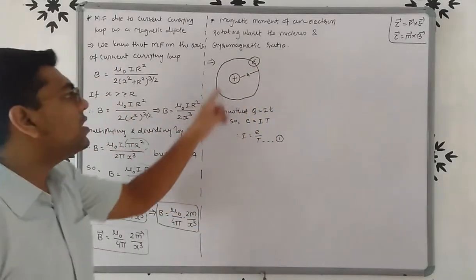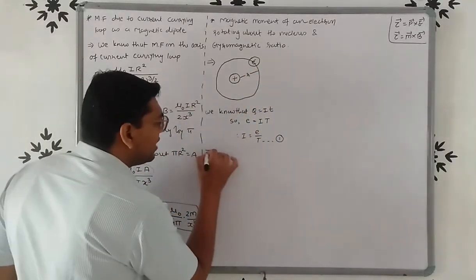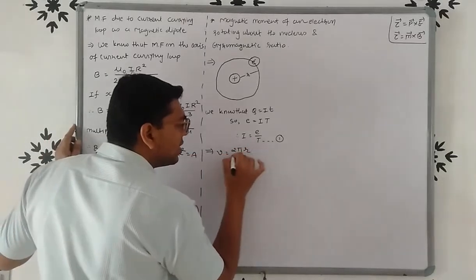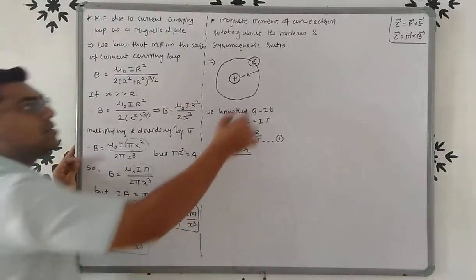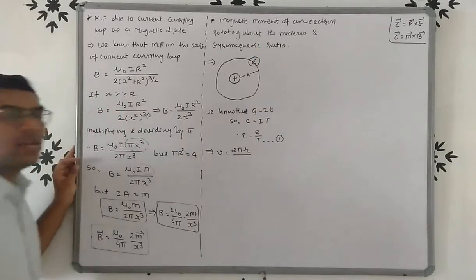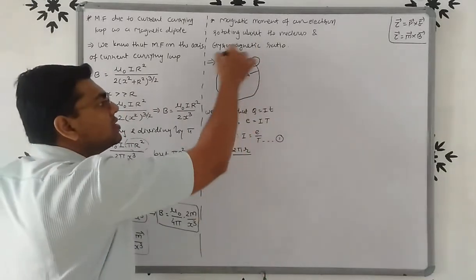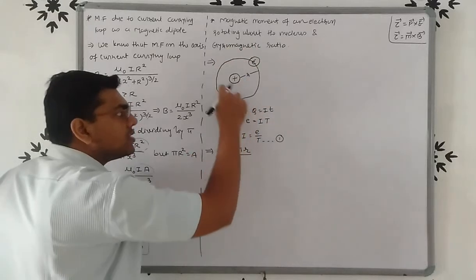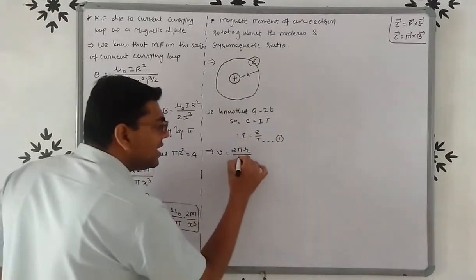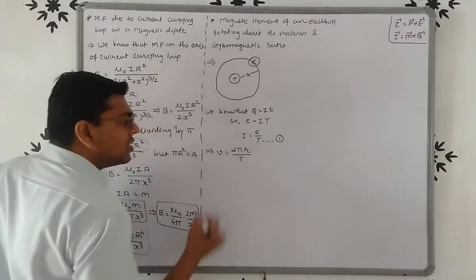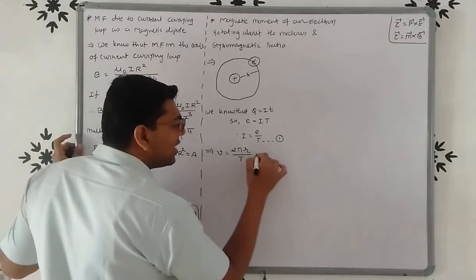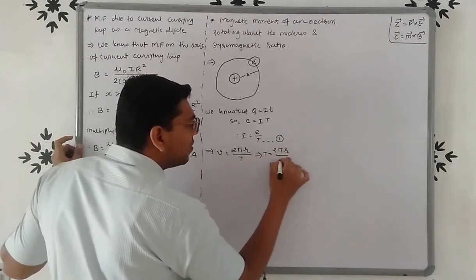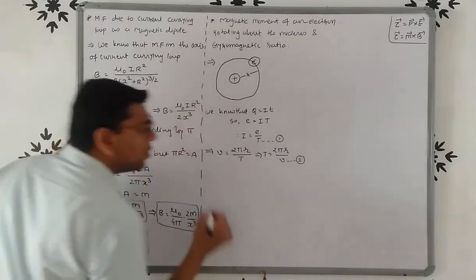Here, for one rotation, we can define the velocity v is equal to distance upon time. The distance is 2 pi r, the circumference, right? Because here the motion will be in a circle. So velocity is equal to circumference 2 pi r by time, that is periodic time T. From this formula we can define capital T is equal to 2 pi r upon v, that is equation number 2.